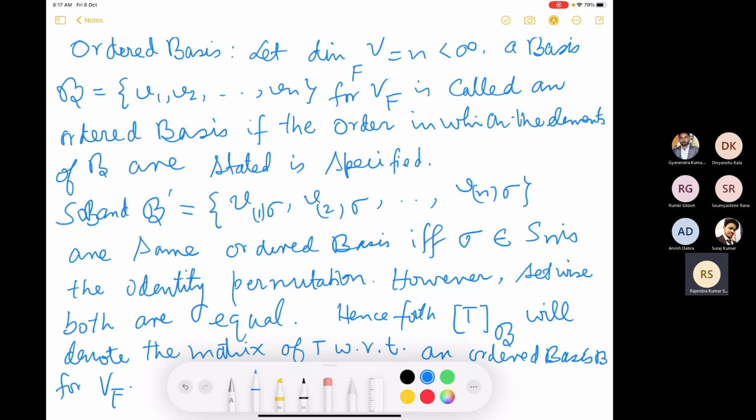So we want to see that if we change the ordered basis, that means the elements themselves may change, or even if set-wise it is same, the order of elements may not be same. And some properties of the matrices now we want to obtain, as we have been knowing matrices since the school days.